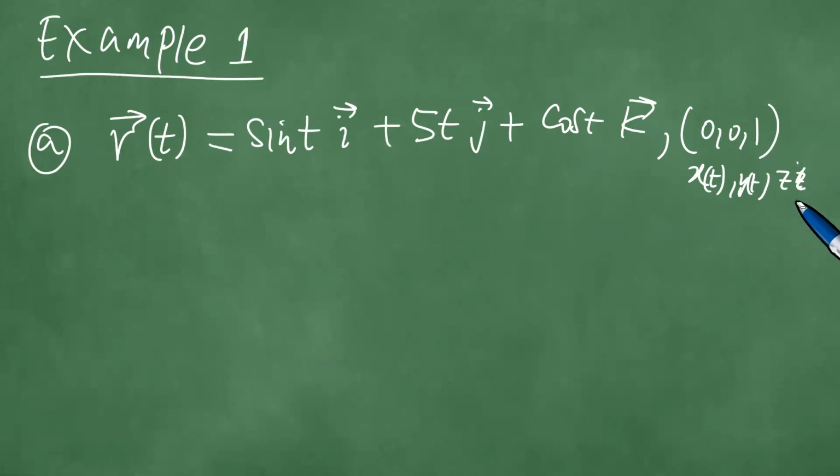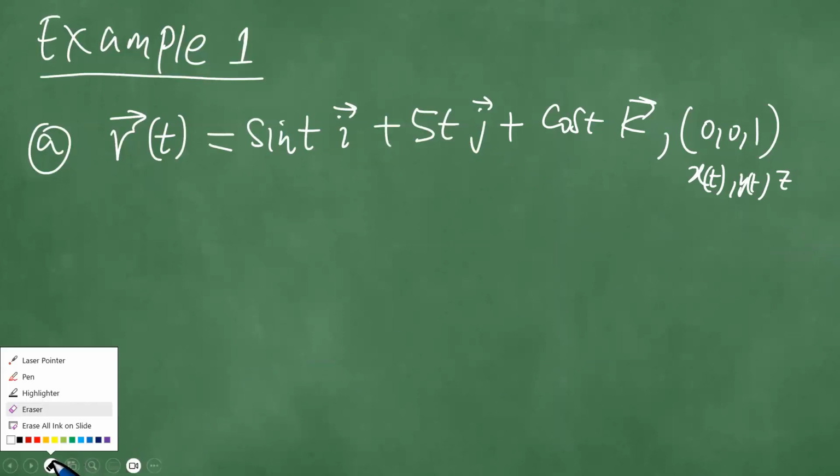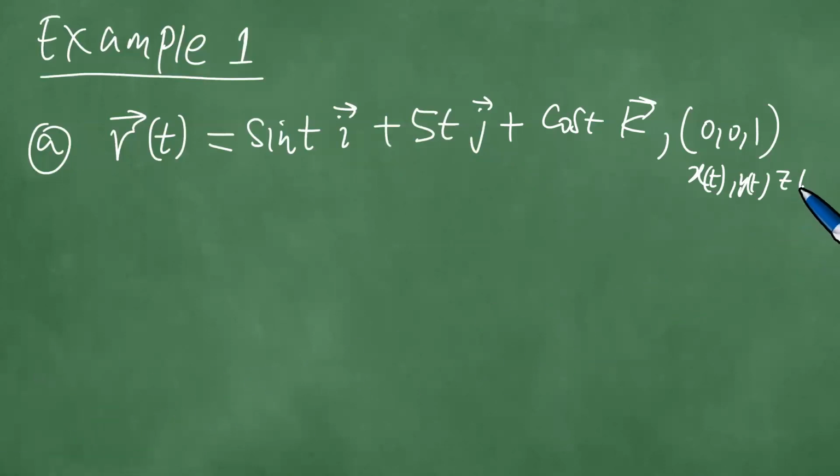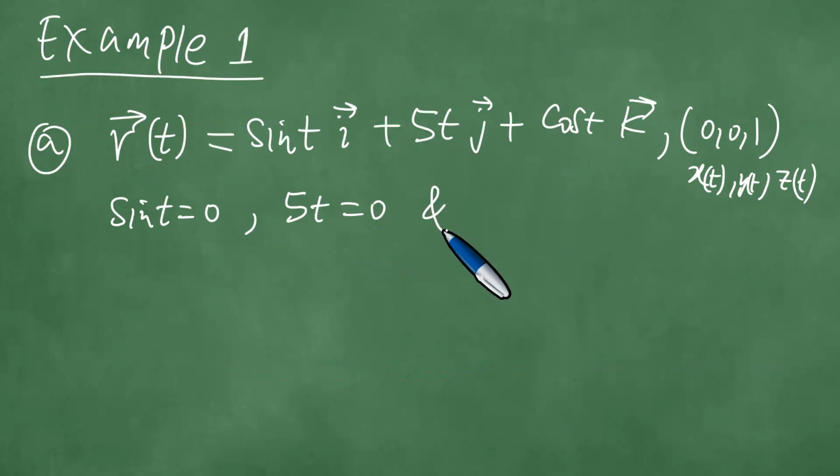If these are the components of the point, it means that the sine of t is 0, and that 5t, being the second component, equals 0. Simultaneously, cosine t equals 1.